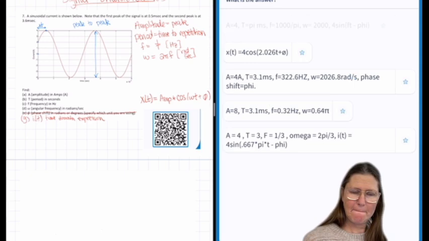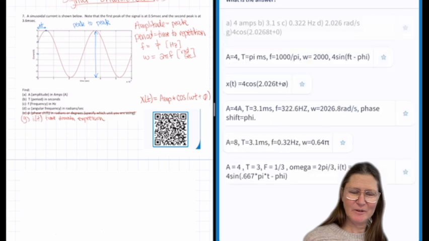Wait, I'm still with the text. Well, I don't know, I'm guessing. So wouldn't it just be exiting?